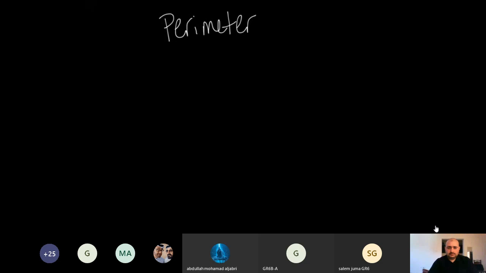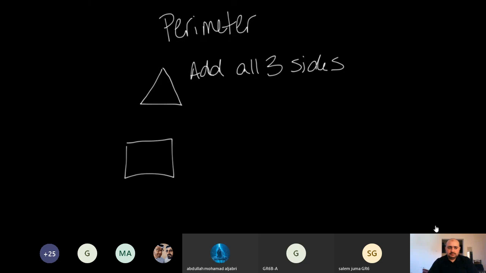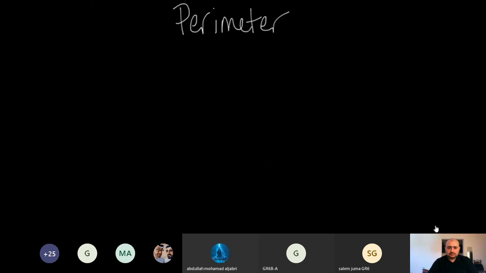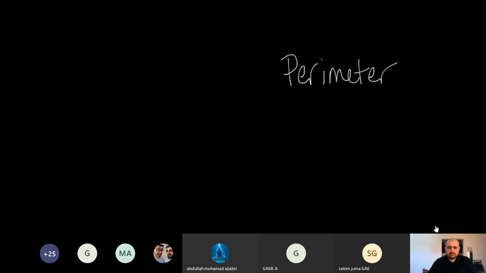So if you have a triangle, you add all 3 sides. Quadrilaterals, you add all 4. But that part's nothing new. Now we're talking about changing dimensions.